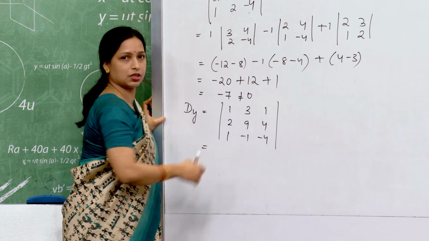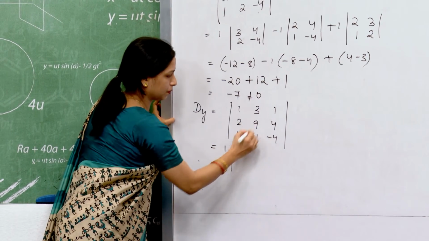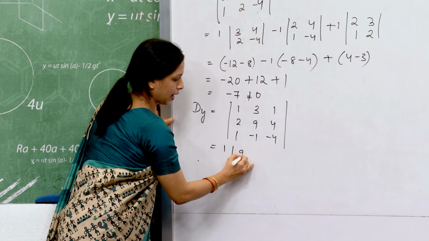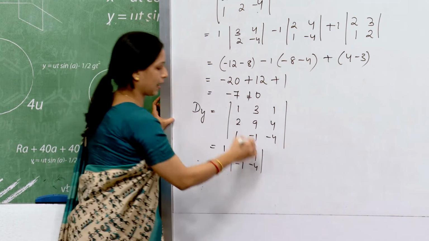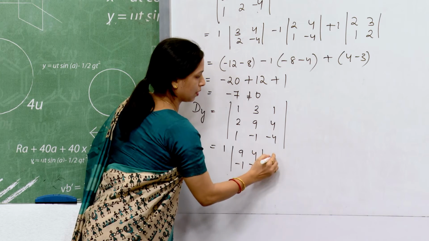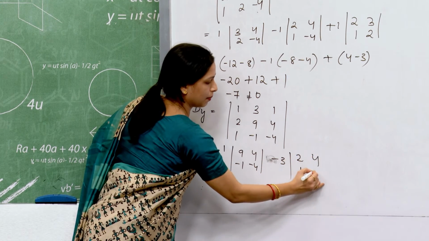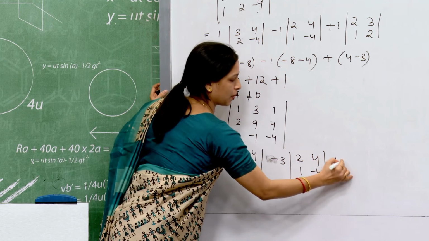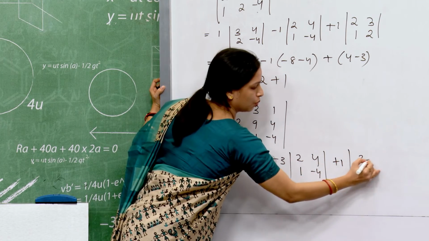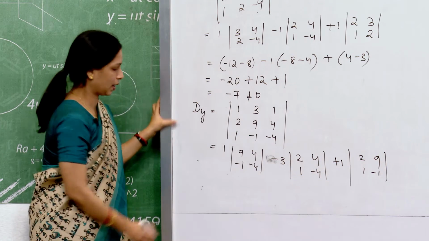Again we are finding out the determinant by expanding along row 1. So, 1, 9, 4, minus 1, minus 4, right. Again minus 3, 2, 4, 1, minus 4, right. Then next plus 1, 2, 9, 1 and minus 1, right.